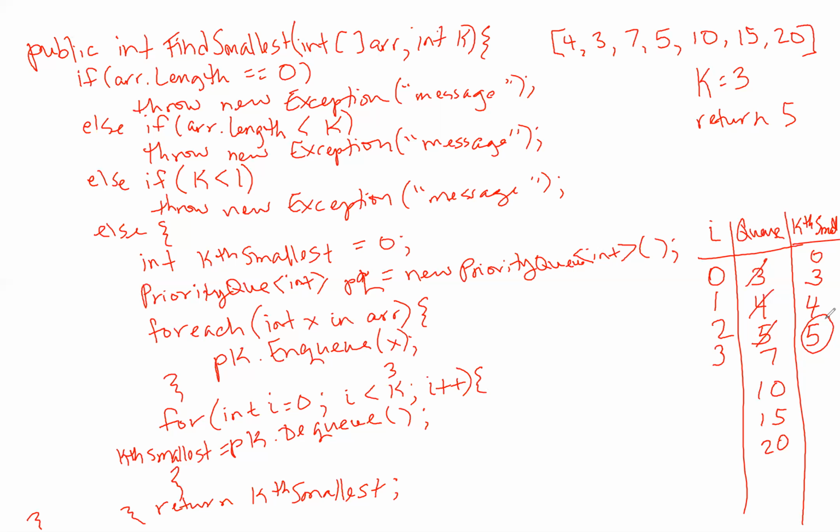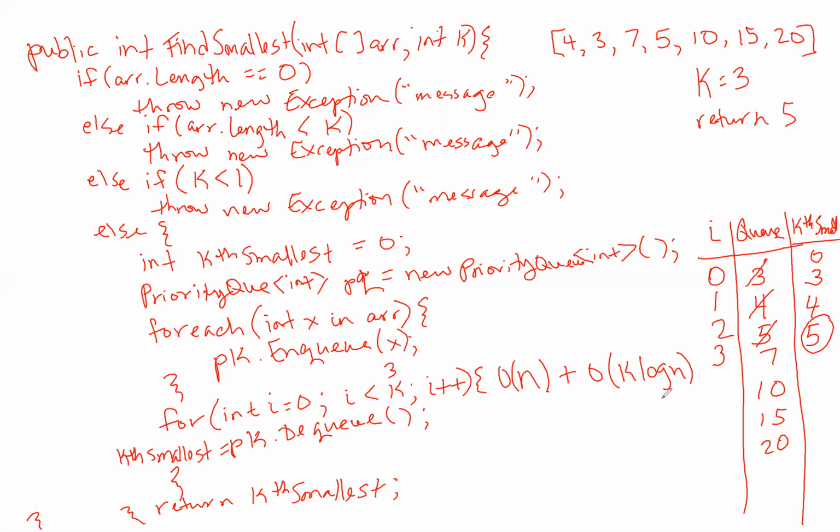The complexity of this algorithm is O of n for the for each loop, because it has to go around the entire array, plus O of k log n, because we aren't going a full n, we're just going k number of times.